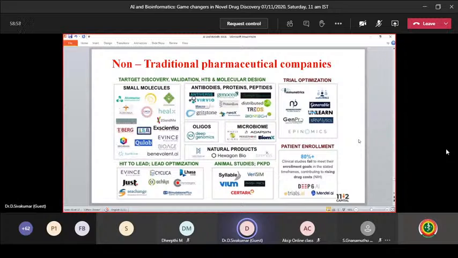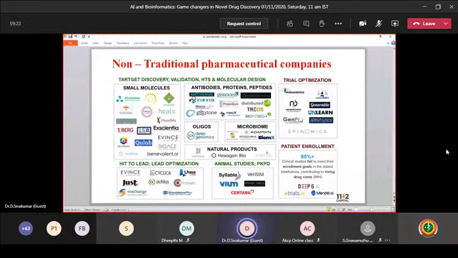Okay, so there are non-traditional pharmaceutical companies which play an important role, like in small molecule discovery, like Atomwise, Exscientia. And BenevolentAI is also a very good AI company. Our company Pharmcadd is also here.